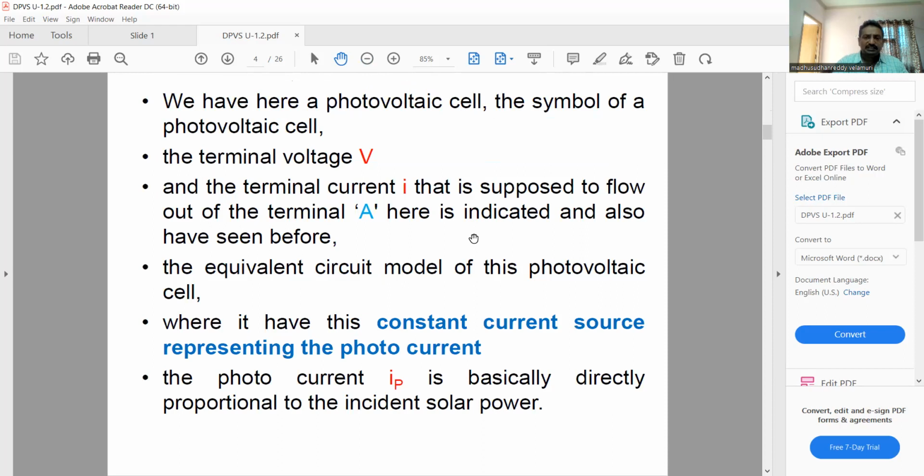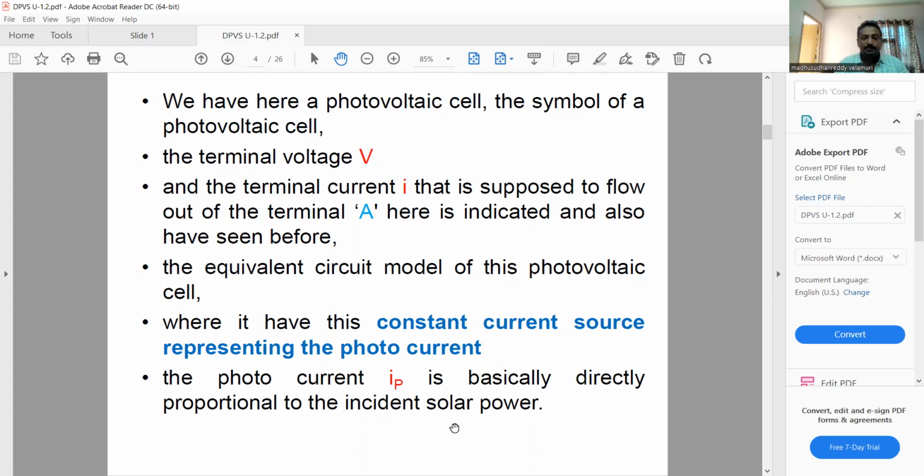So we have here the theory: the symbol of a photovoltaic, the terminal voltage V, and the terminal current I, which is supposed to flow out of terminal A, nothing but the anode. We have also seen before the equivalent model of this photovoltaic cell, where the constant current source represents the photocurrent.